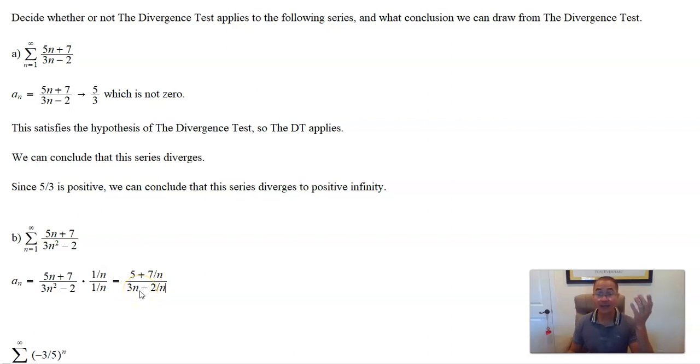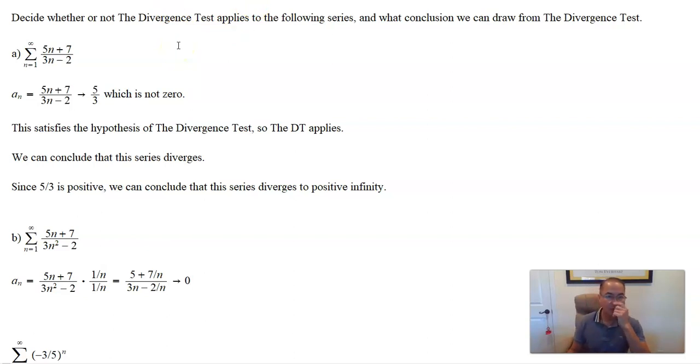So if n were like 1,000, you will get 3,000 minus something really small, less than a penny, and 5 survives in the numerator. So you get something close to 5 over 3,000. That's a very small number, so that limit is going to be 0.